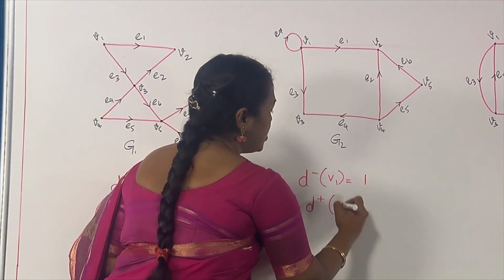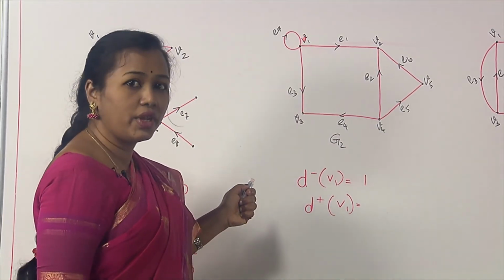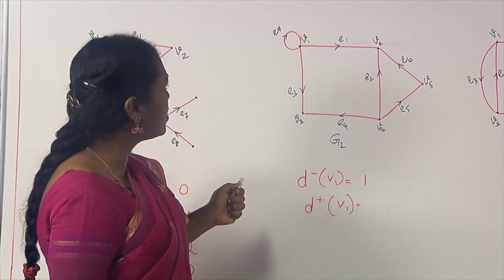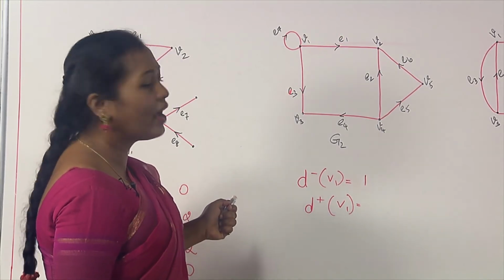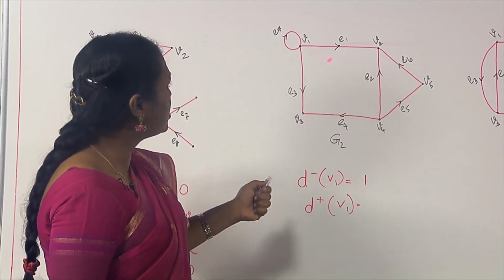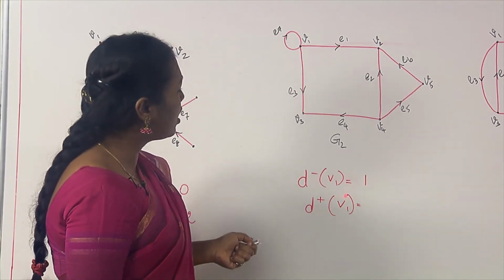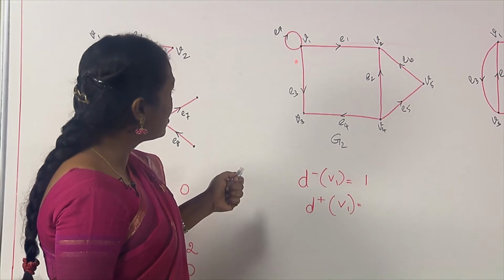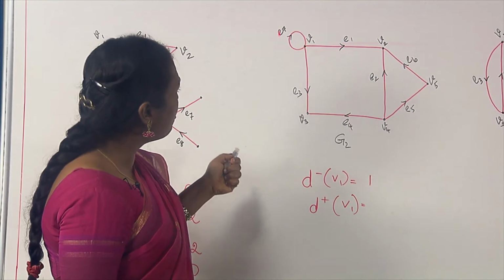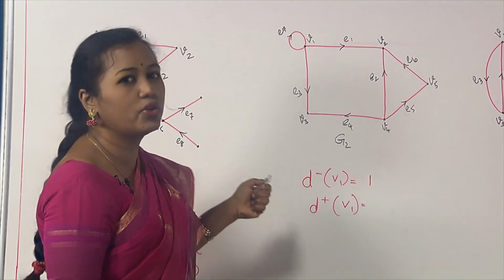So what about the out degree? The out degree is the number of edges going outwards of V1. So you have the edge E1 which is going outwards of V1 into V2, and you have the edge E3 which is going outwards of V1 into V3. So two edges are there which are going outwards of V1, and therefore the out degree count of V1 is 2, plus you need to take one more count of V1, because when it is looping on itself, it means that out of V1 the edge is again going outwards and going into V1 again.